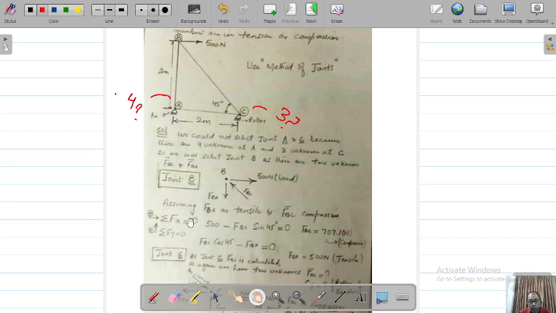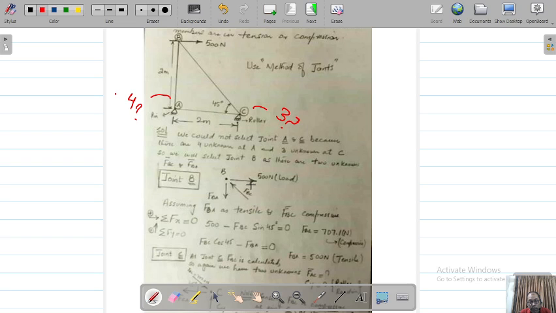So at sigma Fx equal to 0, this is joint B, and this is the picture of the joint. We have 500 Newton, and then we have this force BC, which is making an angle of 45 degrees. So basically it will have 2 components. One component will be force BC sin 45, and again there will be 2 components for this.